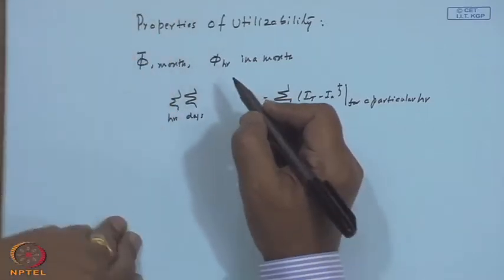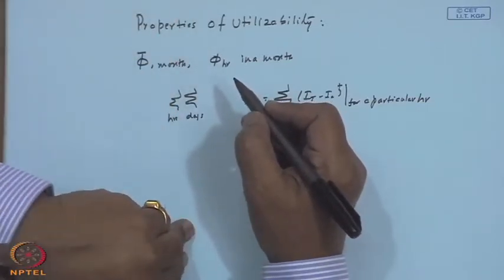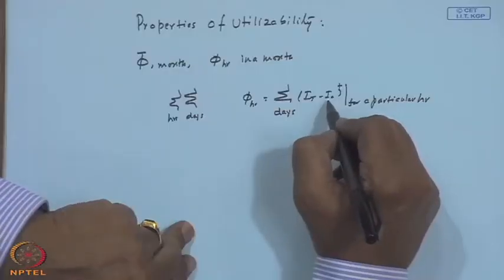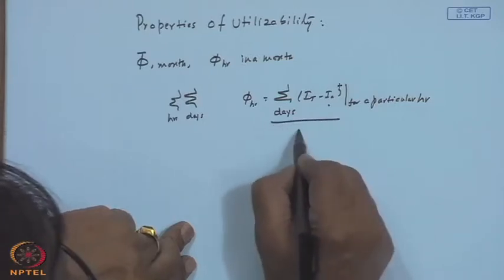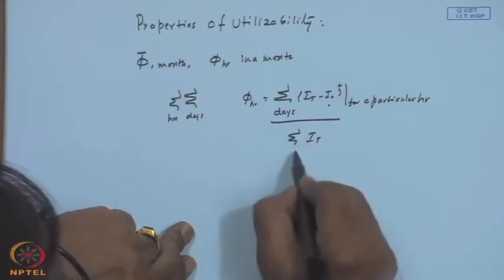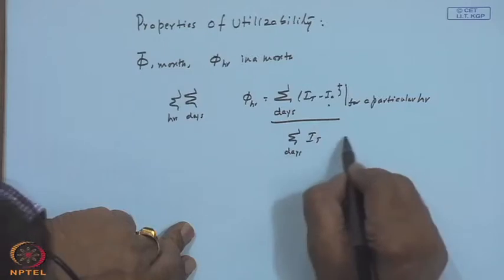So, in other words, if you consider the hour 7 to 8, I will pick up the solar radiation of 7 to 8 for all the 30 or 31 days in the month, and how many of them are above the critical level, that will be summed up. The negative contributions will be ignored, that divided by, of course, sigma I t over all the days for the hour.